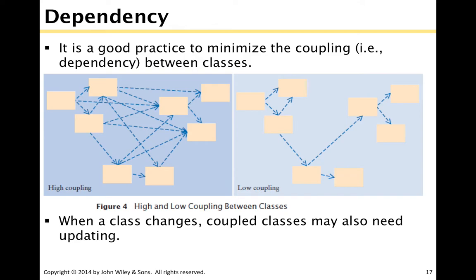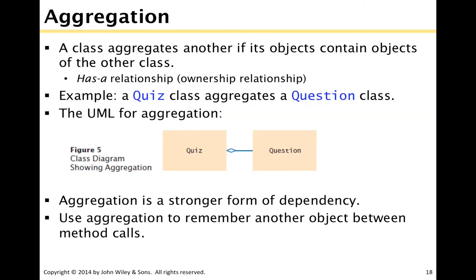So the effect of change is not confined locally, but could be propagated to many classes. But with low coupling, the effect of change is confined to minimal local areas, the related ones. So low coupling is always a good design.